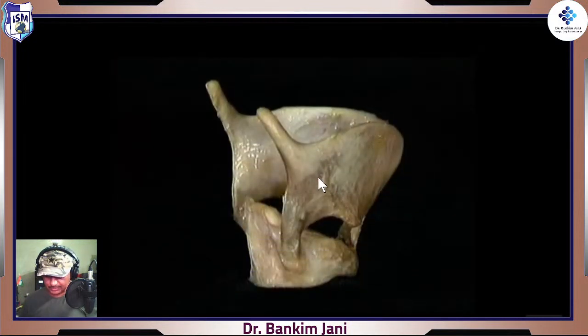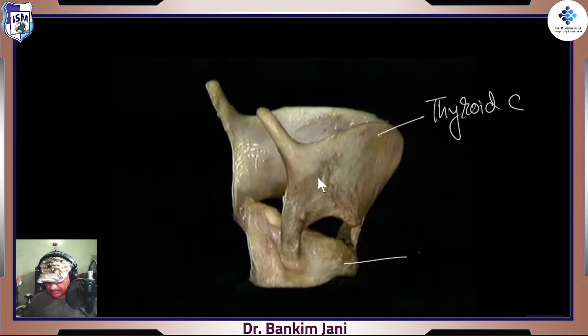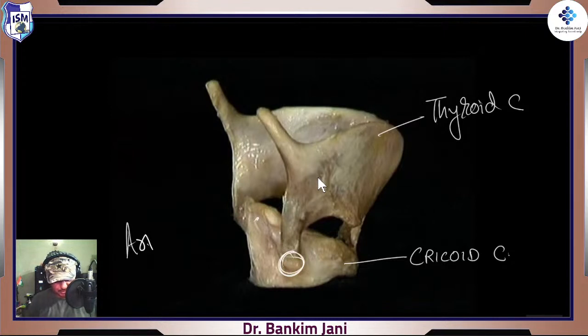This is the thyroid cartilage, and this is the cricoid cartilage. This is the point where they articulate. So if you pull the cricoid cartilage, this would be the point from where it will move. So this is the articulation.